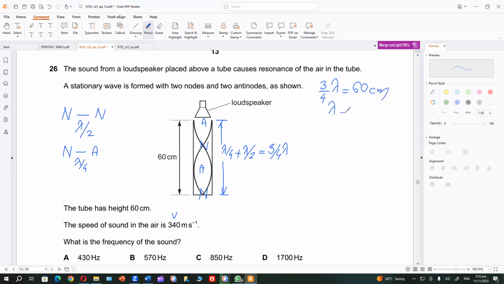So let's find the lambda. He's asking for the frequency.